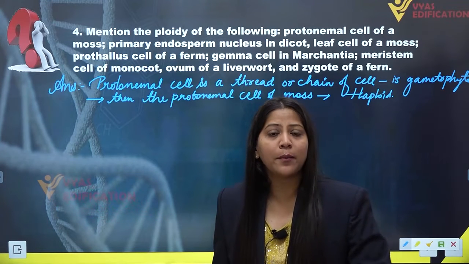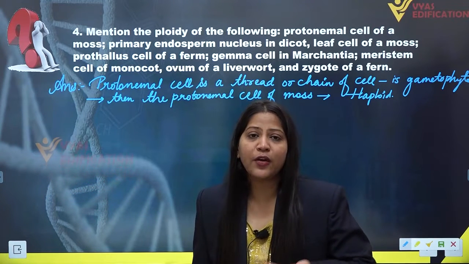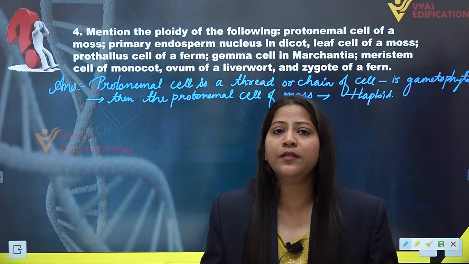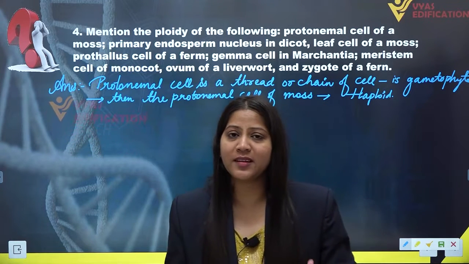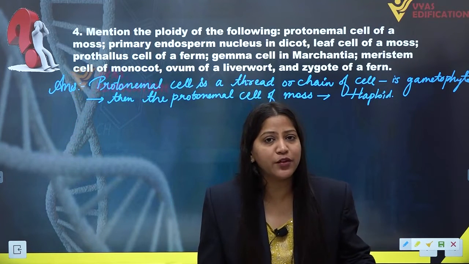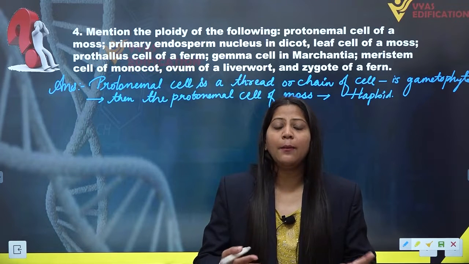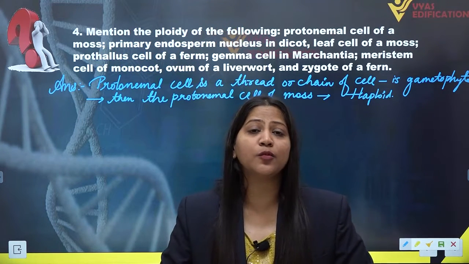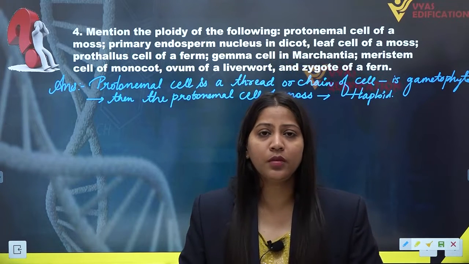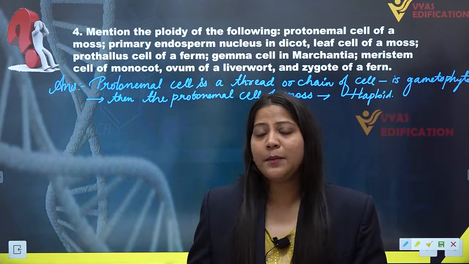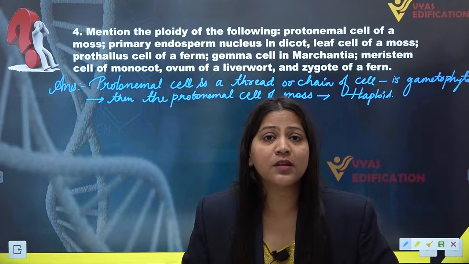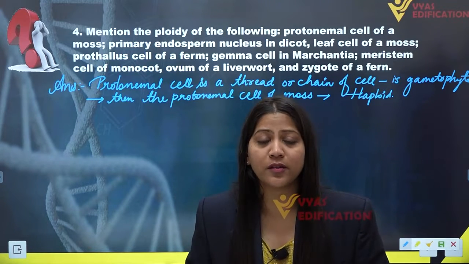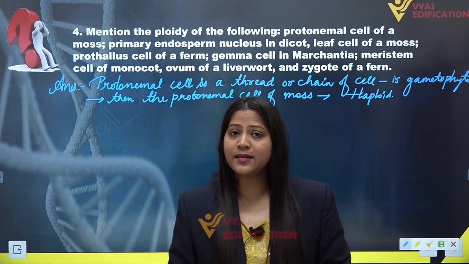These megaspore mother cells undergo meiotic divisions to give rise to megaspore tetrads, that means megaspores are being formed. Tetrad means the formation of 4 megaspores from a megaspore mother cell.